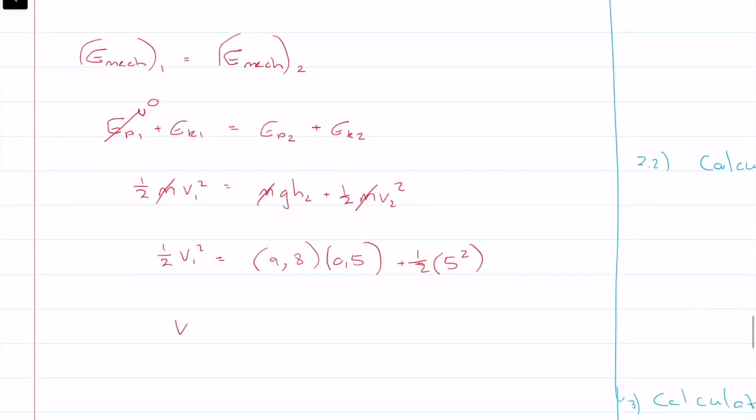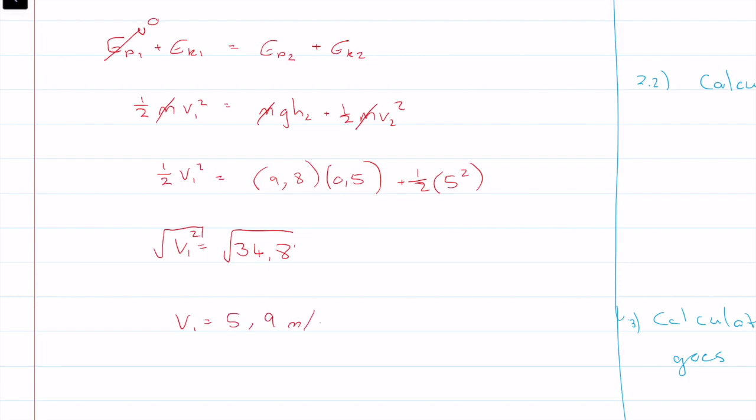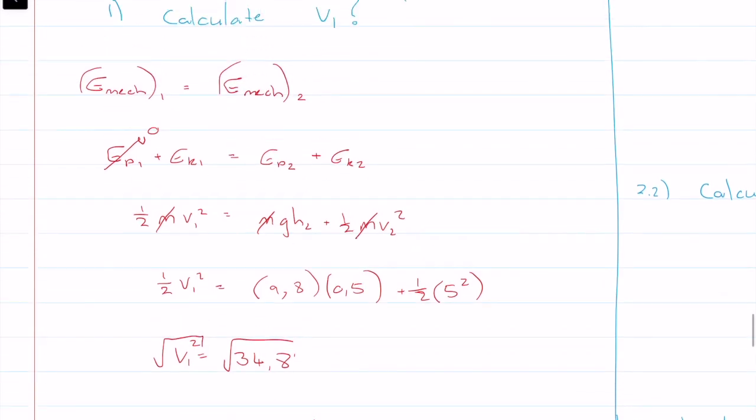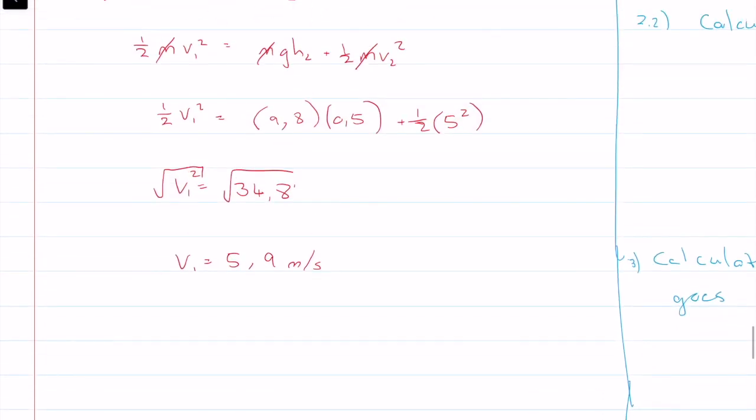Okay, then we can plug that into our calculator and we get that v1 squared comes out as 34.8. So if we square root both sides, we can calculate v1. v1 is equal to, let's say, 5.9 meters per second. Okay, and we want the velocity, so we know it needs a direction, so it is right.